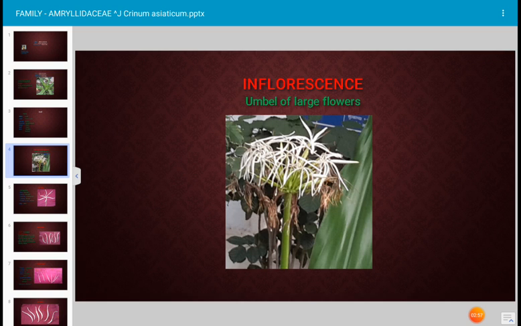A large umbel type of inflorescence occurs in Crinum asiaticum. What is an umbel type of inflorescence? In this case, the primary axis of the inflorescence is comparatively short and it bears a group of flowers at its tip which possess pedicels. The length of the pedicels is more or less similar.